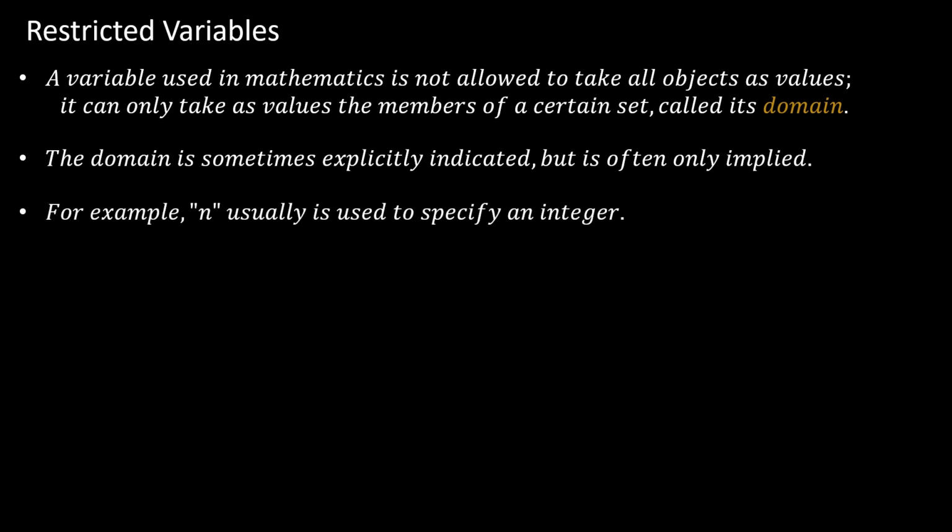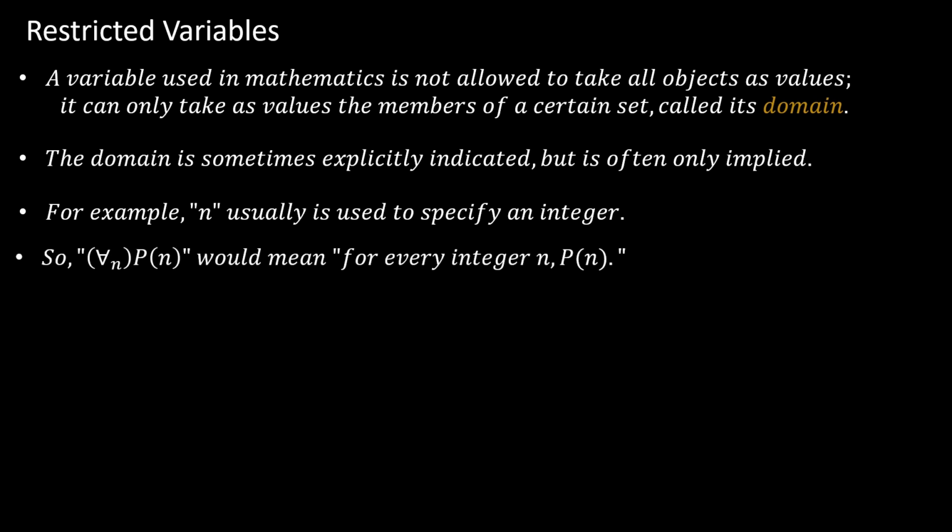For example, n is usually used to specify an integer, and we could have an expression where you say for all n, p(n), or for every integer n, p(n). Another way of indicating it is by explicitly indicating that n is a member of the integer set, and we use this form of letter Z to denote integers.